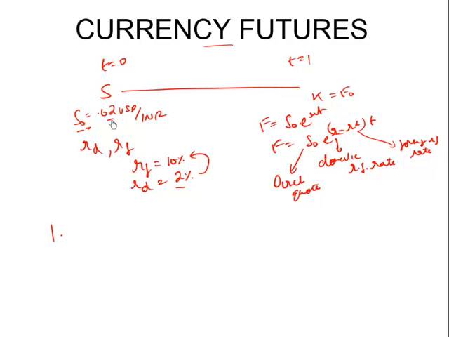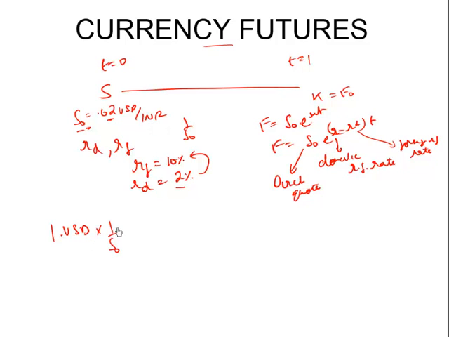So for 1 USD, how much INR will we get? 50. That is nothing but 1 upon S0. For 1 USD, we will get 1 upon S0 INR, because for 1 INR we get 0.02 USD. For 1 USD we'll get 1 upon S0 or 50 INR.